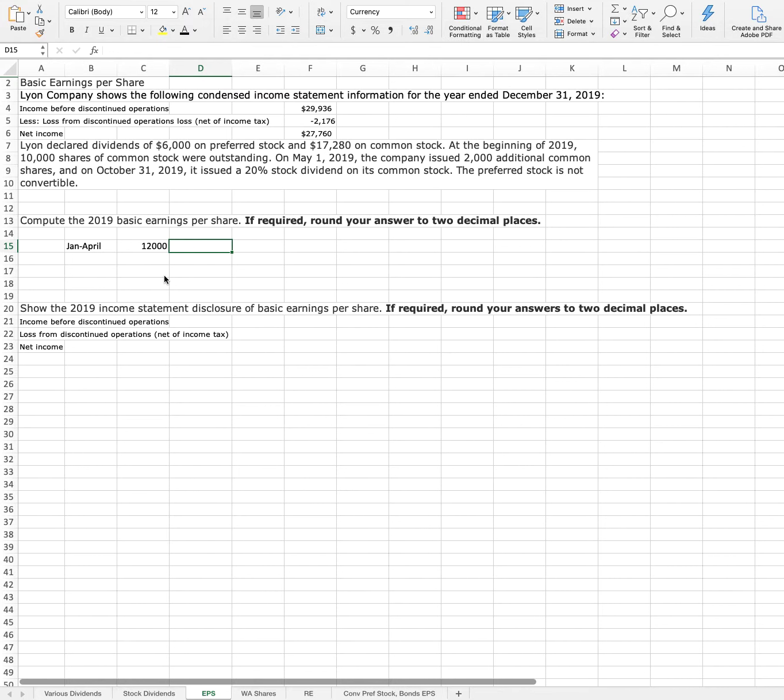Then we calculate the portion of the year: it was 4 months, so 4 divided by 12. Multiplying those together gives 4,000. Then we have May through October 31st.